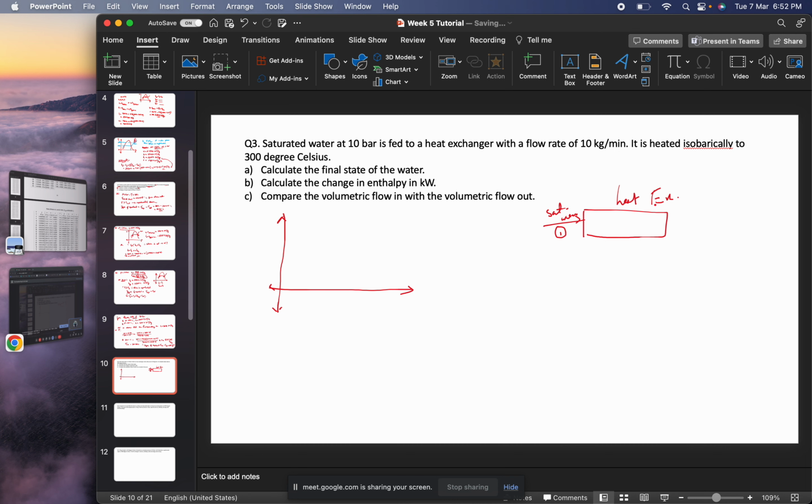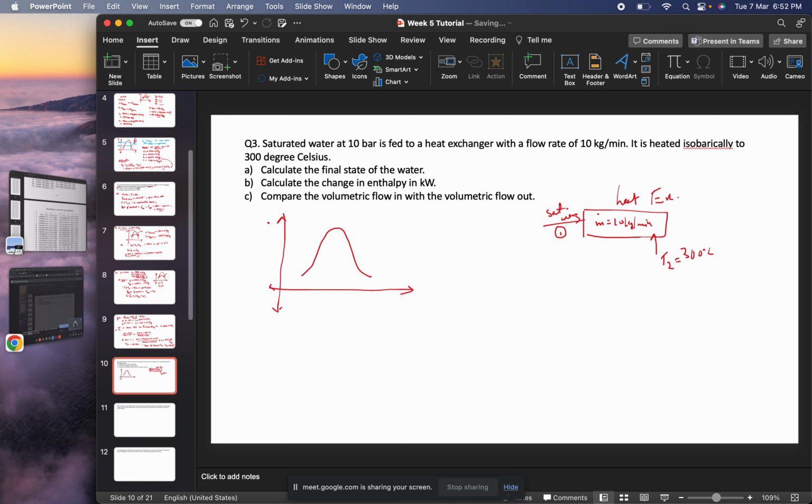The mass flow rate m dot is 10 kg per minute. Here it is heated isobarically, and T2 is 300 degrees Celsius. Then you have to find out the state of the water.